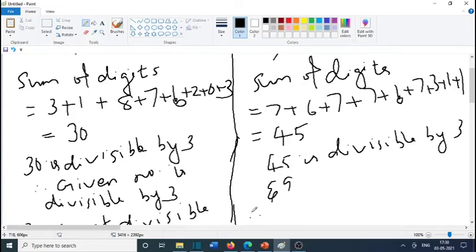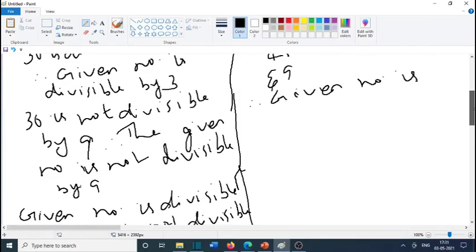Therefore, the given number is divisible by 3 and 9.